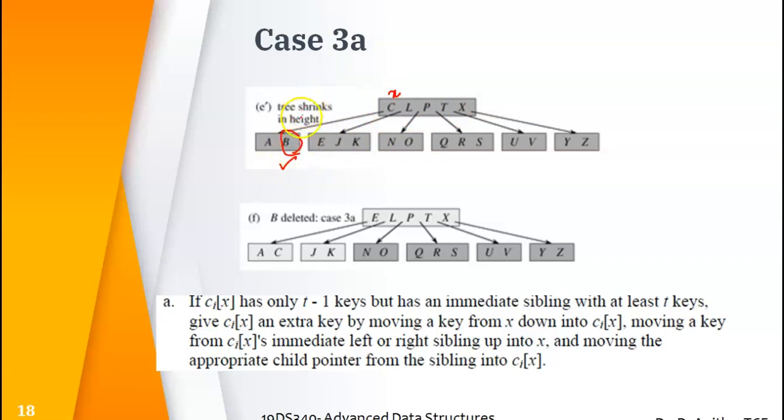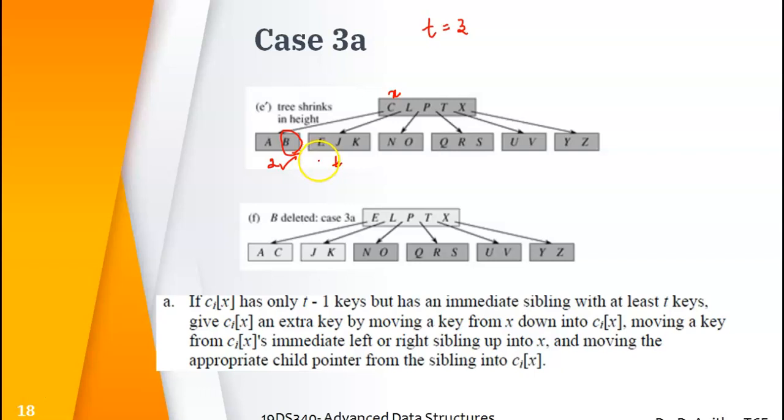So I'm checking again whether it has t minus 1 keys. Yes, it has only t minus 1 keys. But its sibling does not have t minus 1 keys. It has t keys. Please understand our t equals 3, so it has 2 keys, it has t keys. So what should be done? I cannot merge that, right?